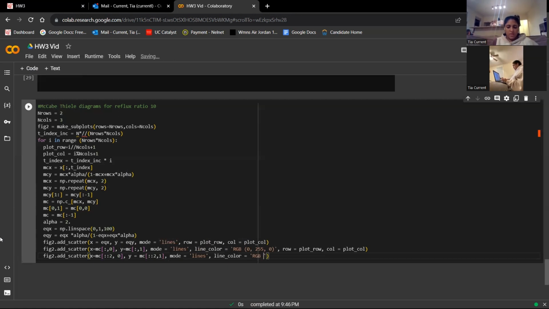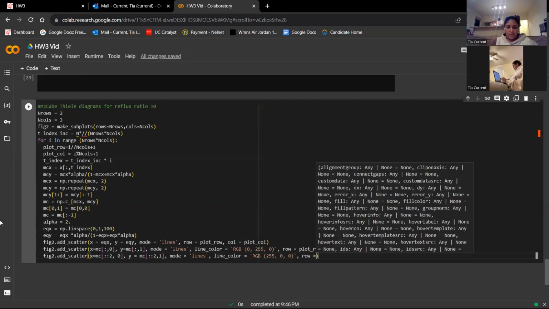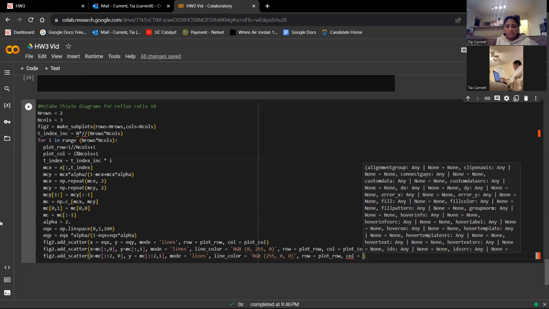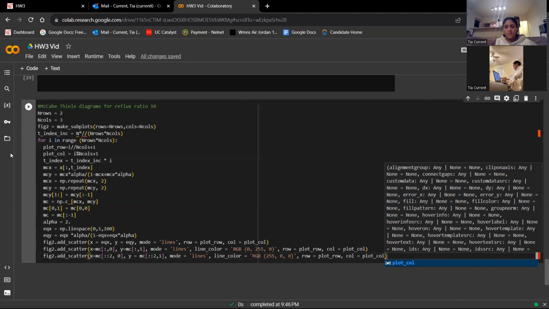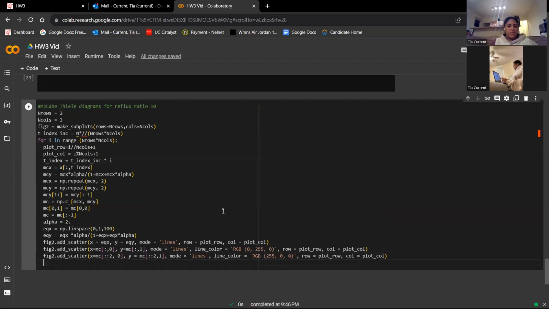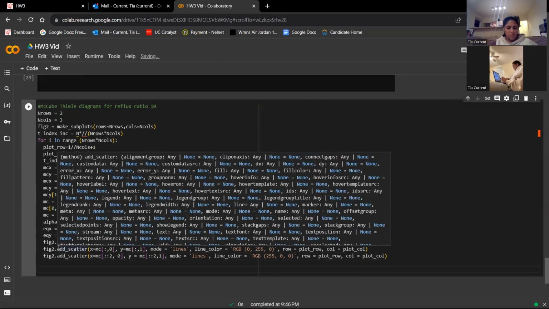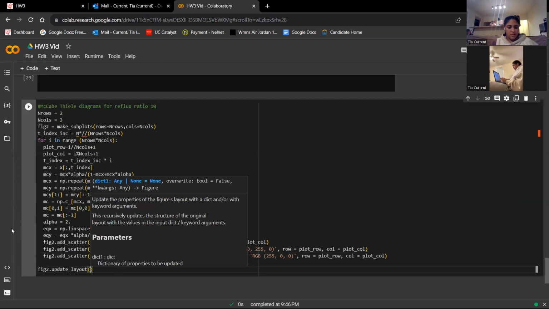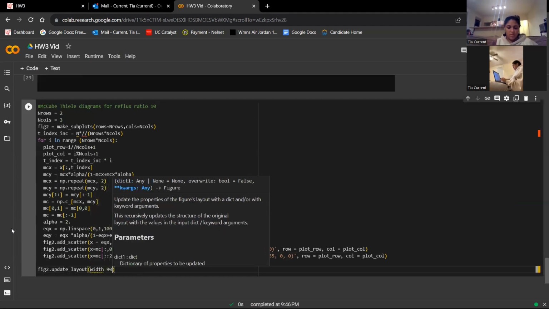Color 255, 0, 0. Row is equal to the same thing as above, so let's have plot_row, col is equal to plot_col. Enter. And then outside we're going to update layout, width 900 comma.